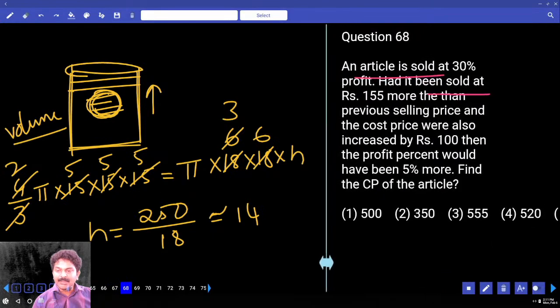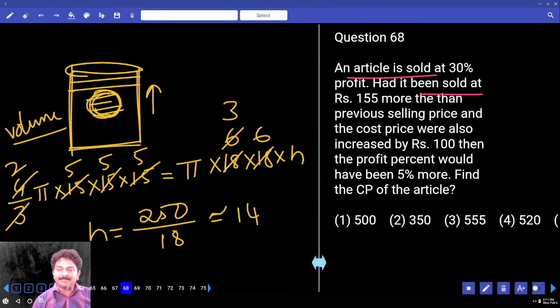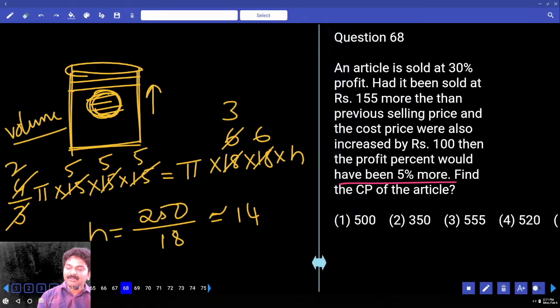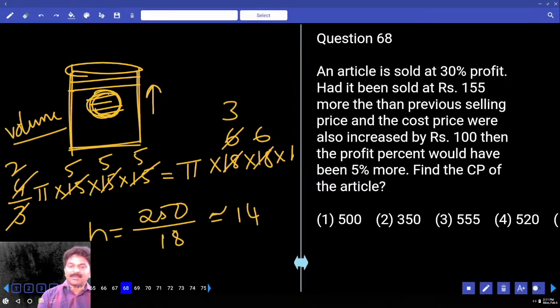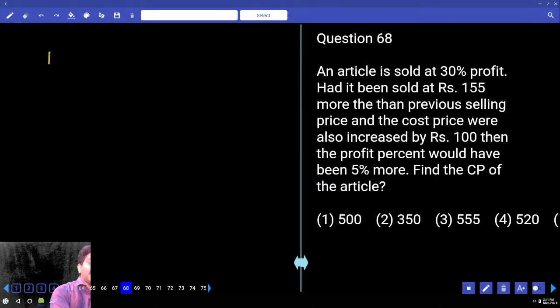Next, an article is sold at 30% profit. Had it been sold at 155 rupees more than the previous selling price, and the cost price were also increased by 100, then the profit percentage would have been 5% more. Find the cost price of the article. Okay, now I am taking initial cost price as 100%. Initial profit was 30%, so selling price becomes 130.